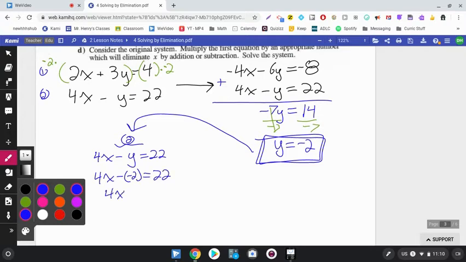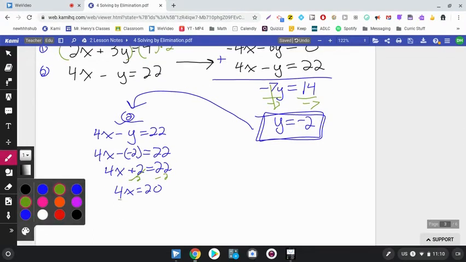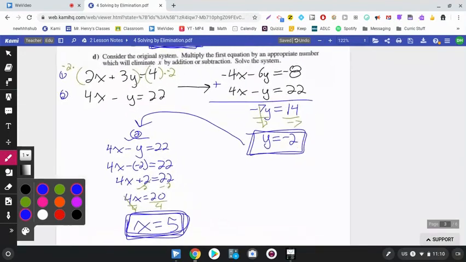And I'll go through and solve. Subtract a negative, that's just adding. Subtract 2, 4x equals 20. Divide by 4, and you get the same answer we got above, x is equal to 5. Yeah, same answer as above.